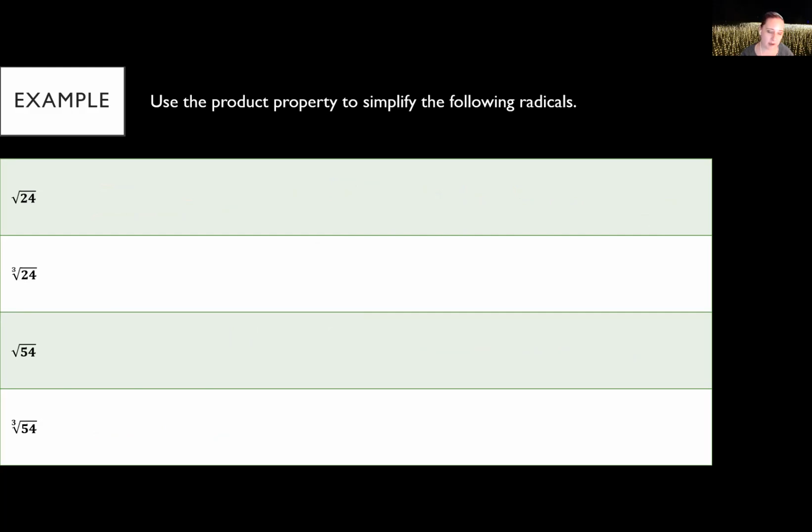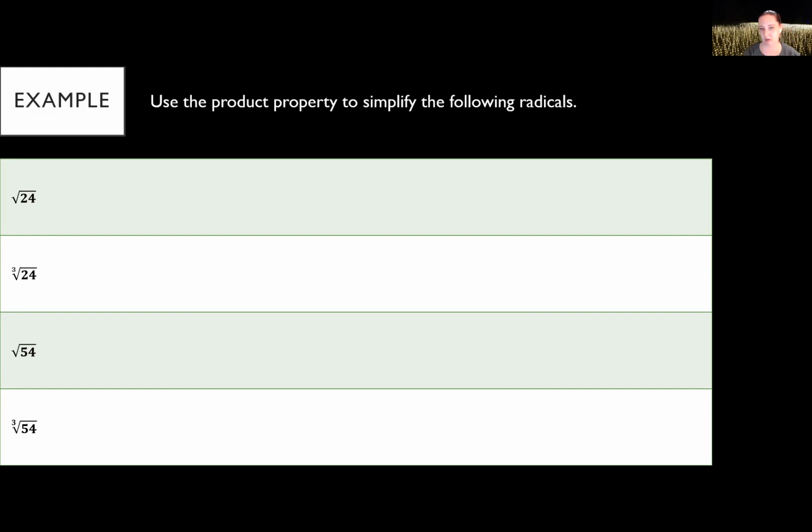So you've got some extra steps that you have to do first before you can use these rules. And the rules are the same as when you have the exponent, where you can divide your exponent by the index. So the rules are essentially the same, but we have to write it in its prime factorization first before we can attempt to simplify.